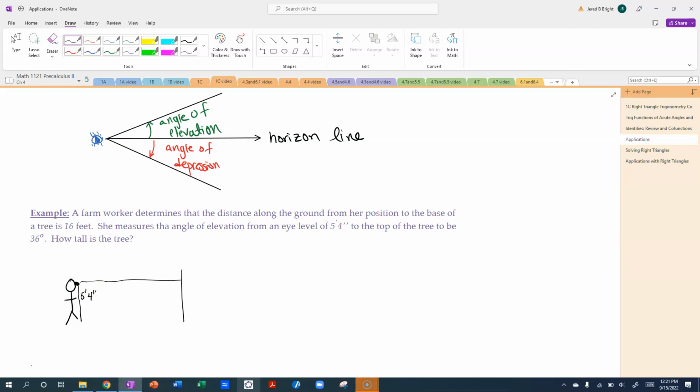So here's the tree. Terrible tree, but you get the idea. The tree is 16 feet away.